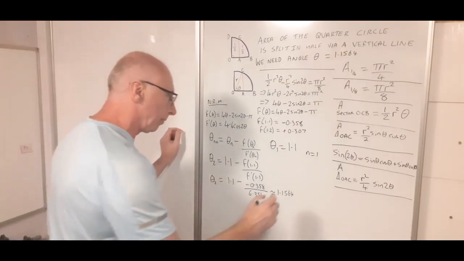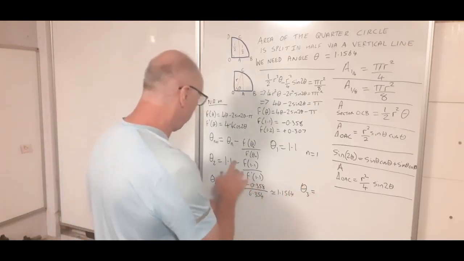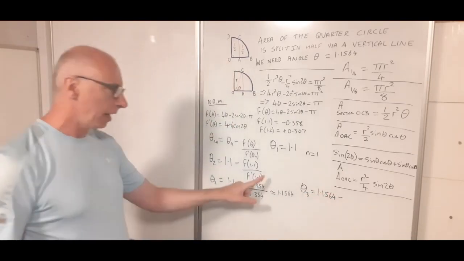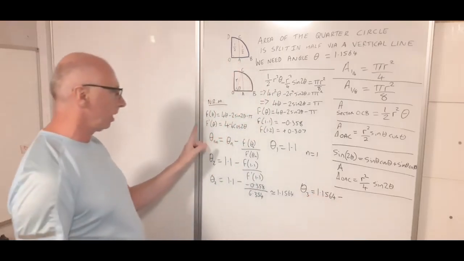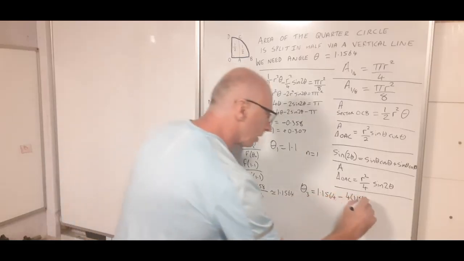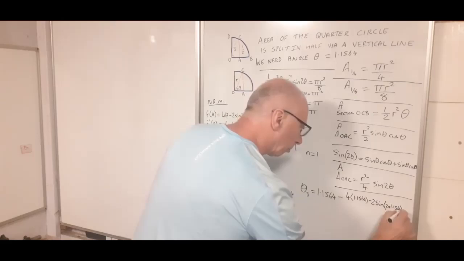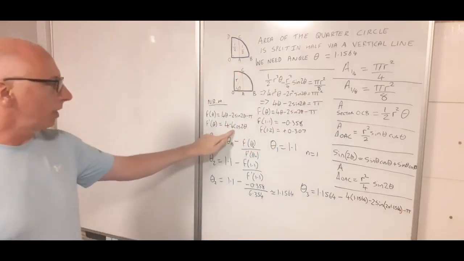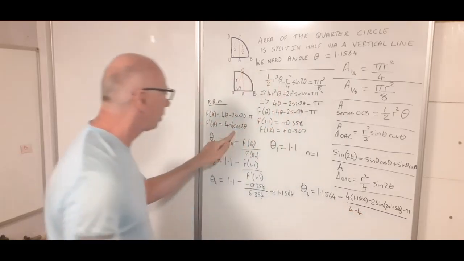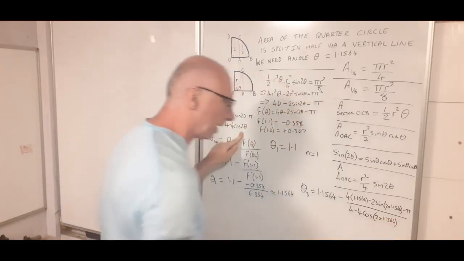Now, just to show you what would happen, theta 3, so we've moved up to the next one, would be 1.1564 minus f of that, so 4 times 1.1564 minus 2 sine of 2 times that, minus pi, and then we would divide by 4 minus 4 cosine of 2 times 1.1564, and that should get you even closer.